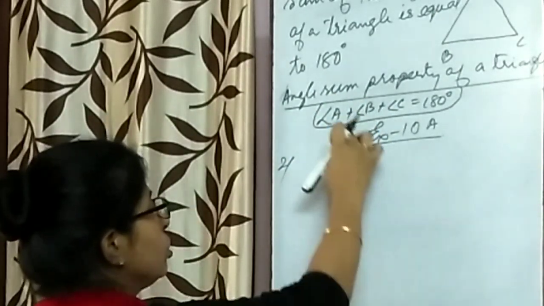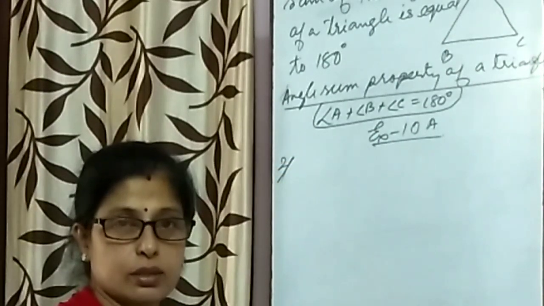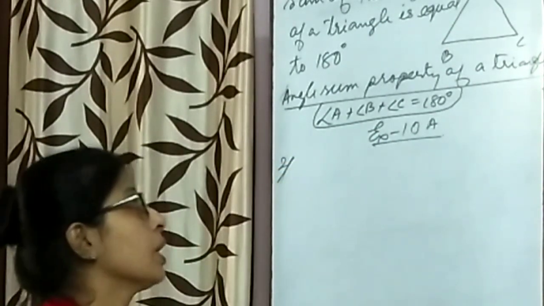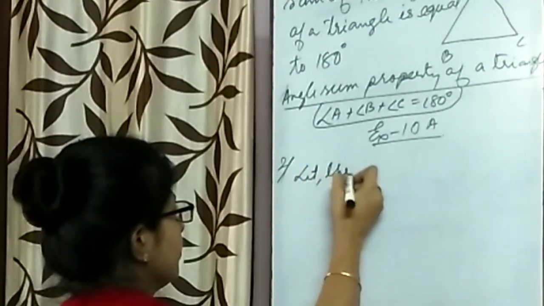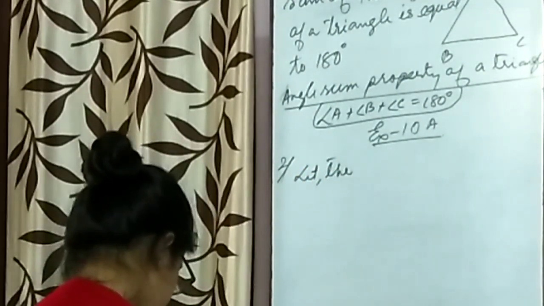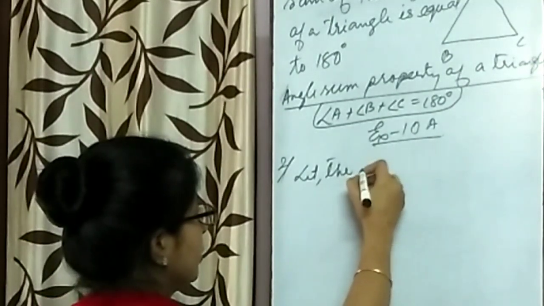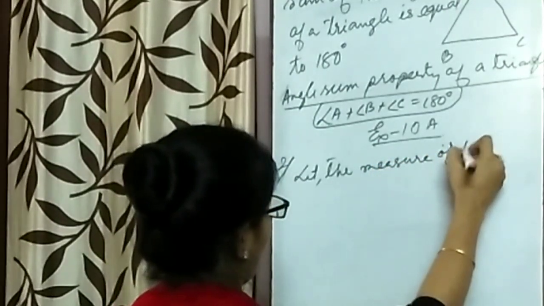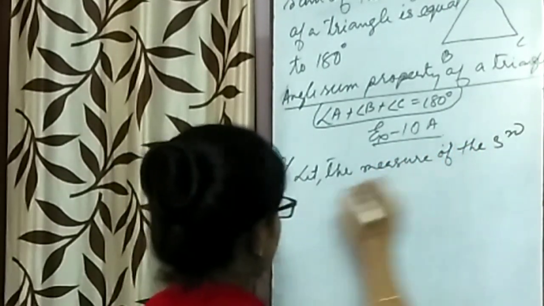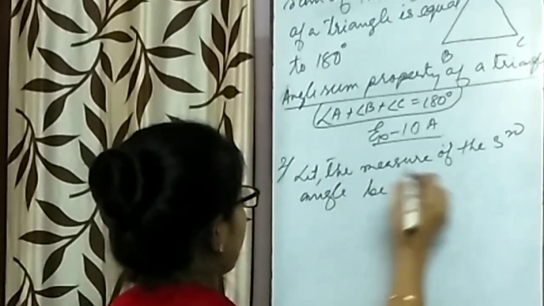So here there are 3 angles, and we need 2 angles first, then the third one can be found. So let the measure of the third angle be x degrees.